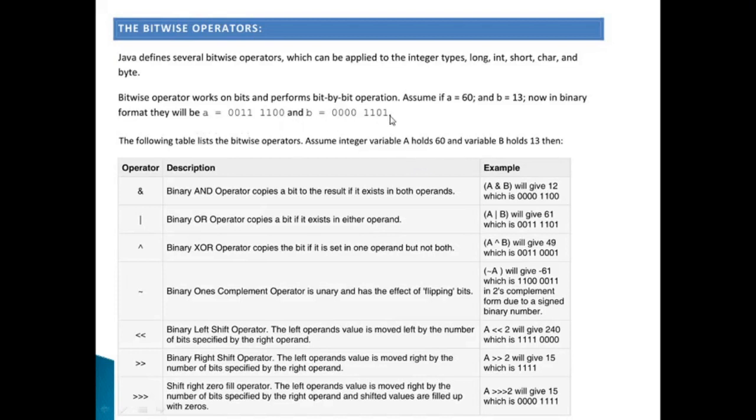It will combine the bits at the respective positions: 0 and 1 will give 0, 0 and 0 will give 0, 1 and 1 will give 1, and 1 and 1 will again give 1. And in this case, the four bits ending in 1101 will give... not all zeros, sorry.